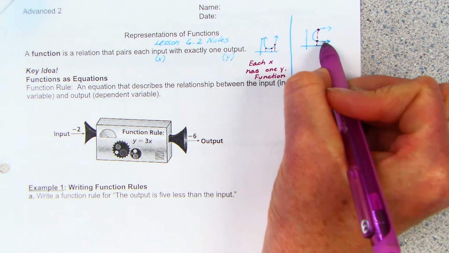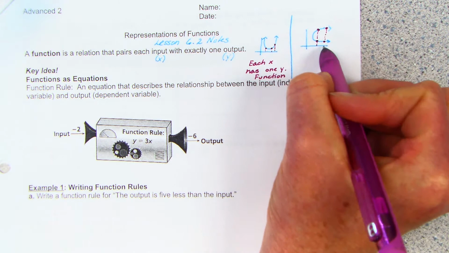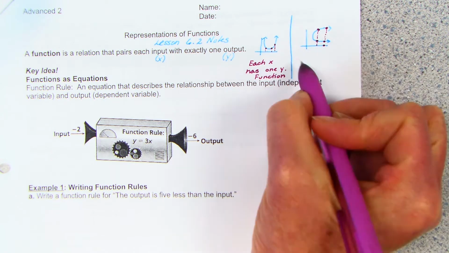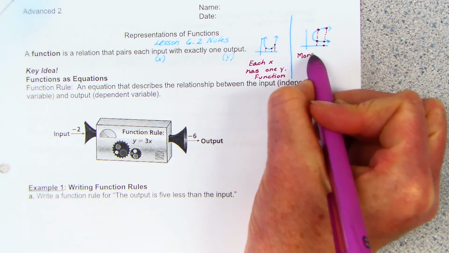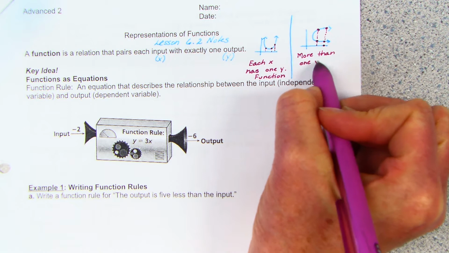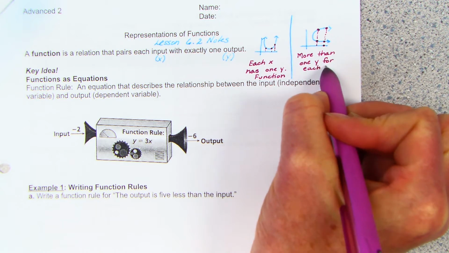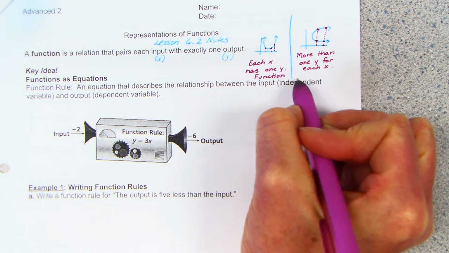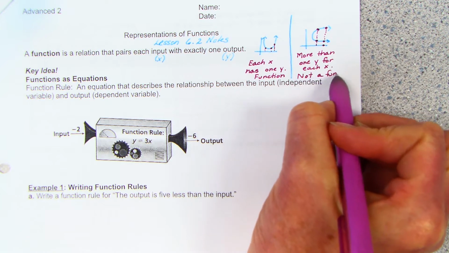And over here, there are also two y values that go with an x. This time, there is more than one y for each x. This is not a function.